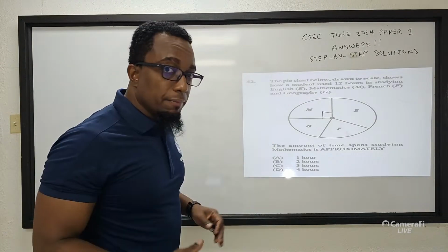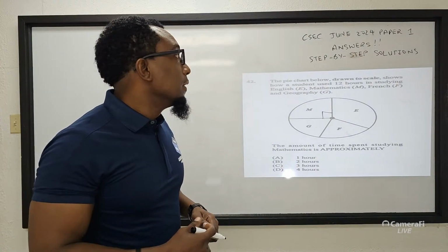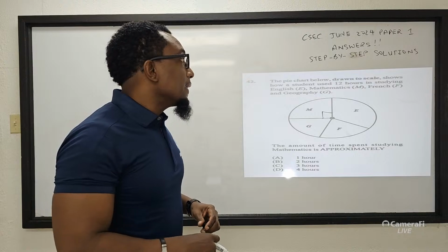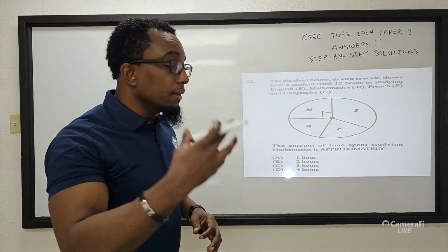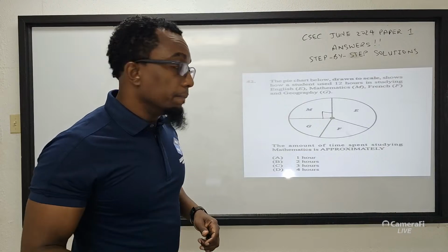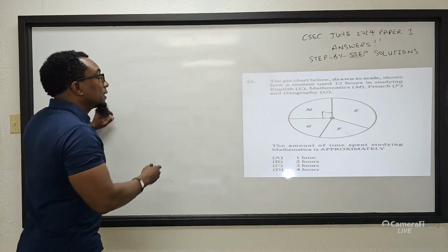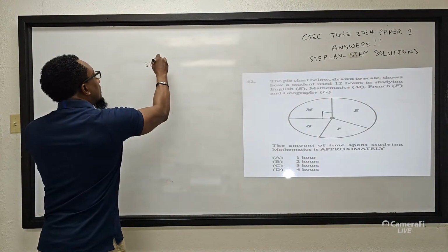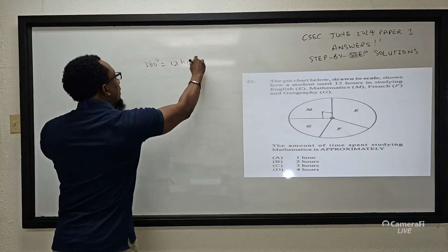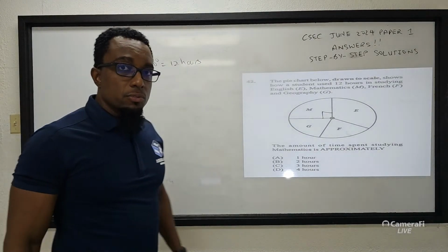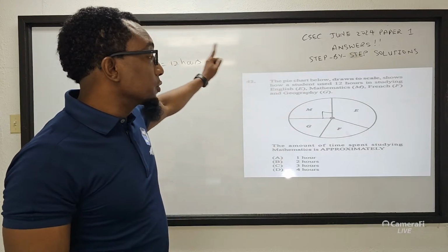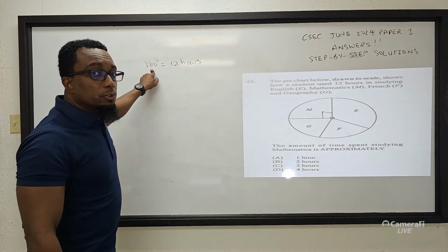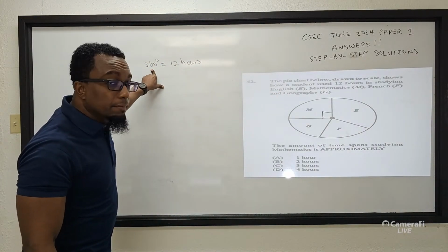So the total number of hours will be 12 hours, and that will correspond to 360 degrees, which represents the angle for a circle. So we establish that relation: total number of hours to study all 4 subjects, 12 hours, will be equal to 360 degrees, the total number of degrees of the circle.